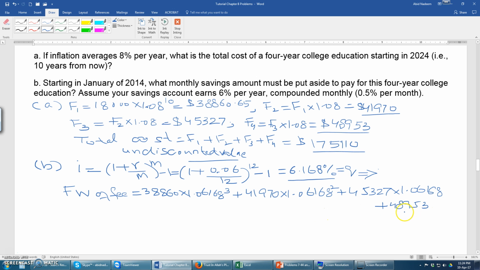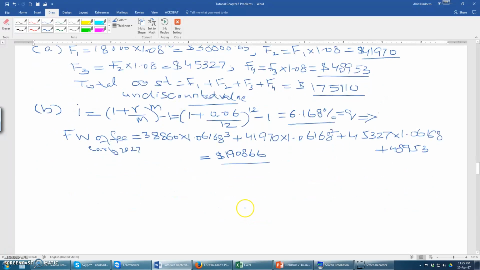This will not be compounded, because we are just finding the future worth at the beginning of 2027. So this is equal to $190,866.